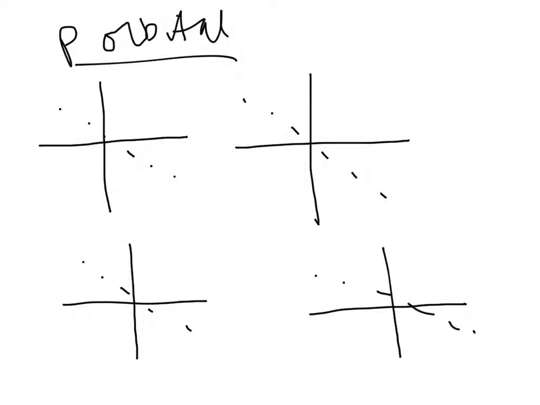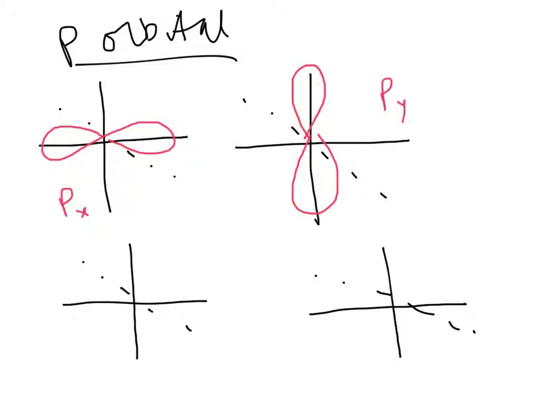So to draw our px orbital, you draw it along the x-axis. And again, it looks sort of like a figure 8, but we have to imagine that it's taking place in 3 dimensions, so it's sort of globular. So this would be our px, p sub x orbital. Here's our p sub y orbital. Our p sub z orbital.